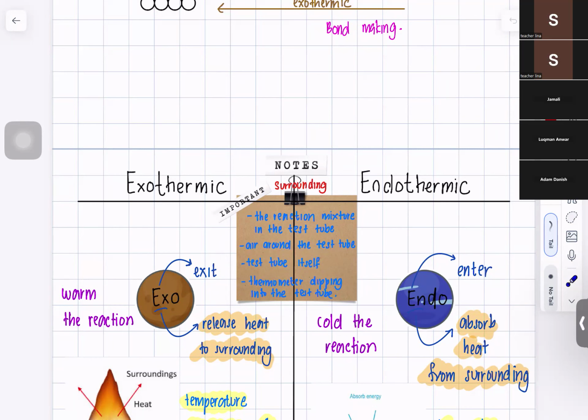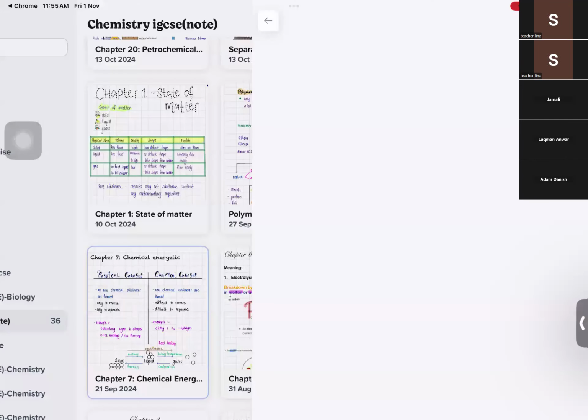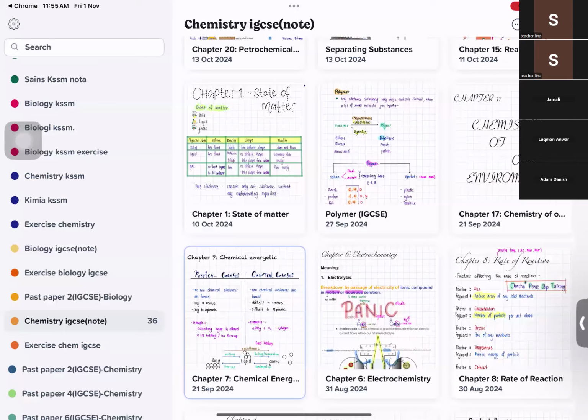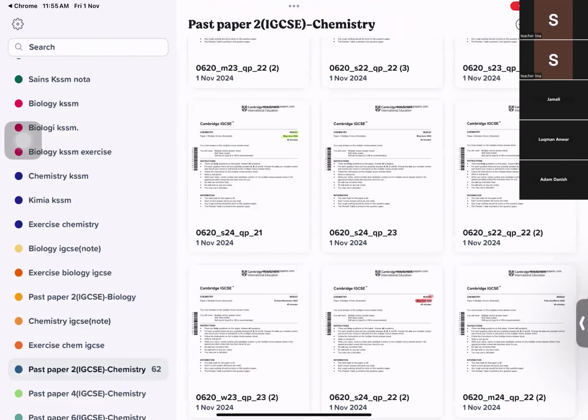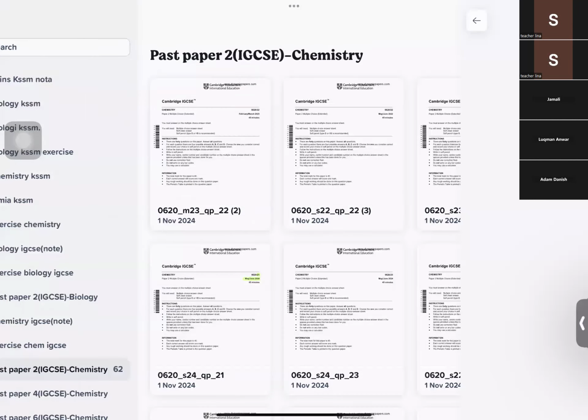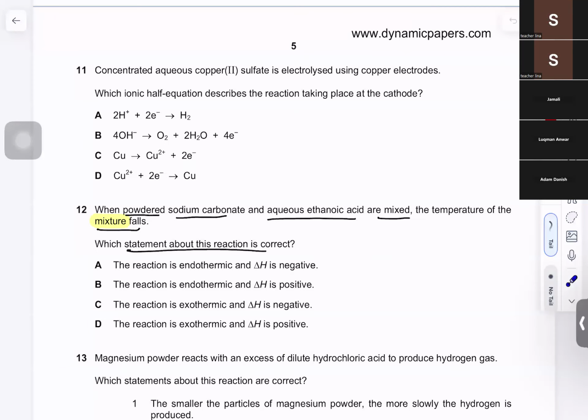Clear. We do not measure the temperature of the substance. You can remember that Exo and Endo are never about the temperature of the substance. For chemical energetics, the temperature drop or increase of the system is actually not the substance, it is the temperature of the surroundings. Right? Okay.